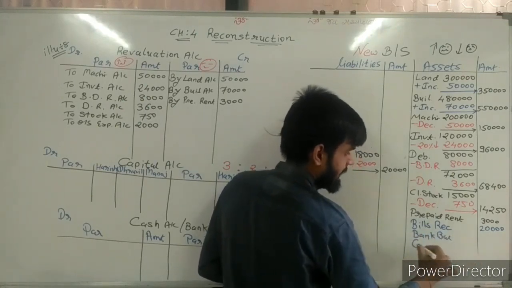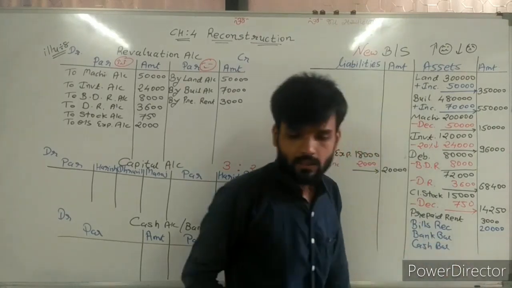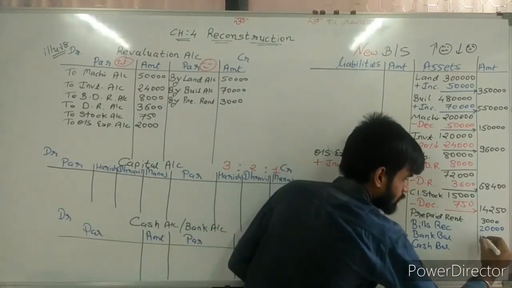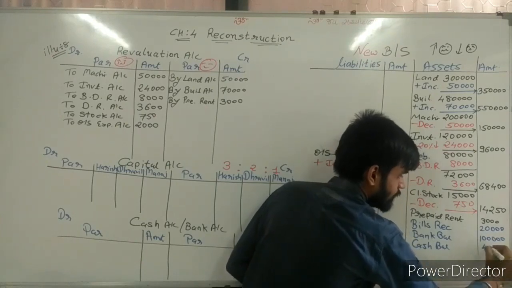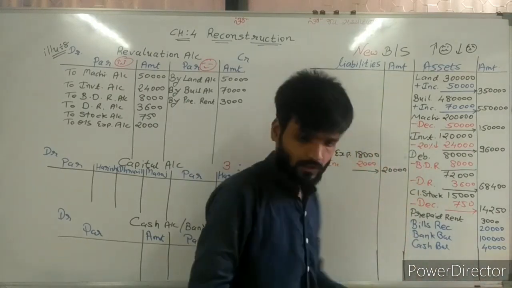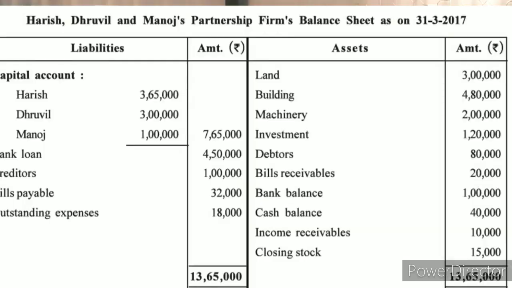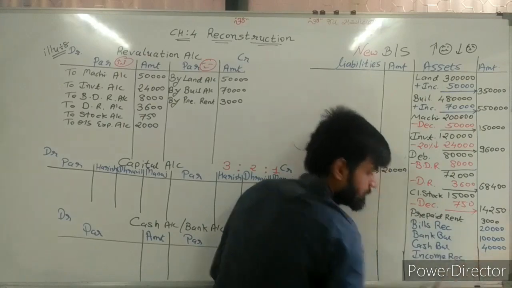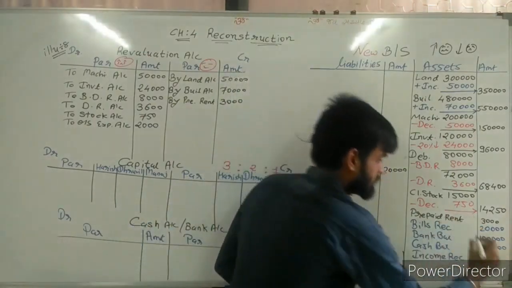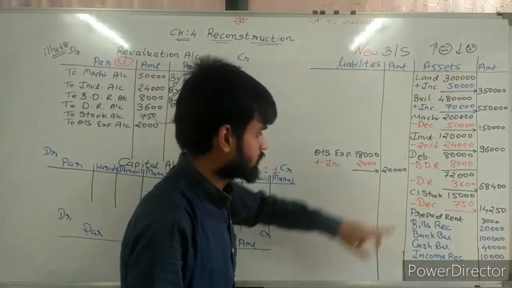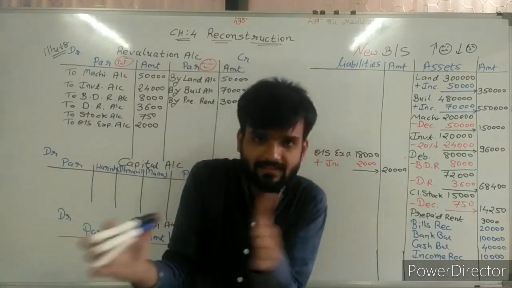Bank balance is given 1 lakh rupees, cash balance is 40,000. Now next is income receivable. Sir, income receivable is also not there. So write down income receivable, 10,000 rupees. Closing stock, sir, is already written. So the asset side is completed.